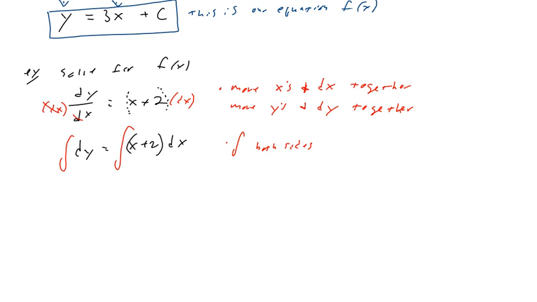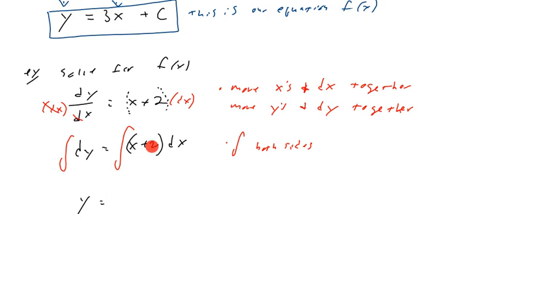So the integral of dy is y. The integral of x plus 2 dx. What is the integral of this one going to be? In the chat, somebody tell me, what is this integral?